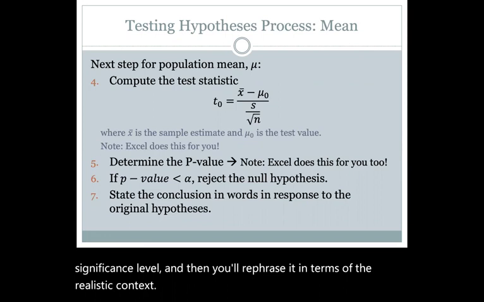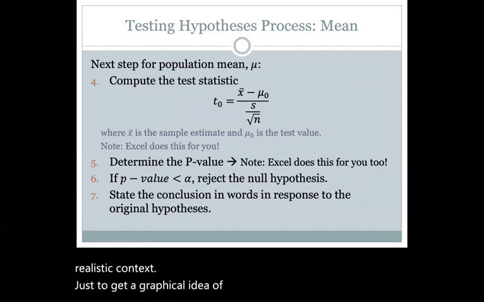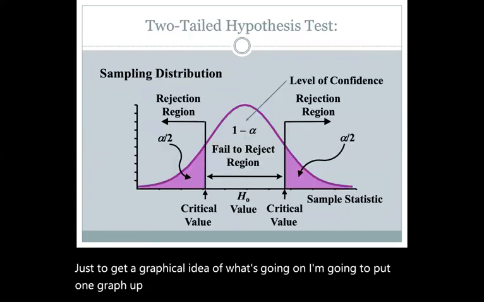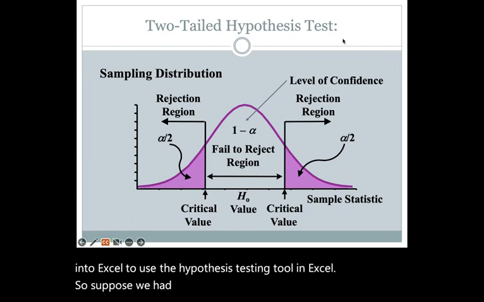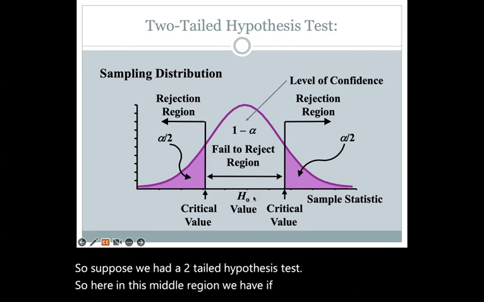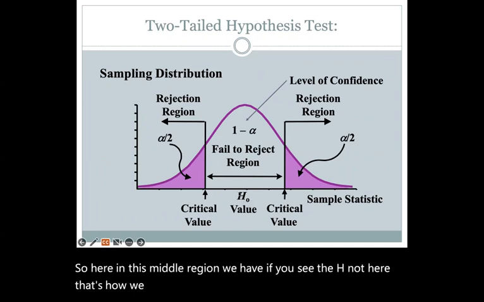Now, just to get a graphical idea of what's going on, I'm going to put one graph up here just to talk about briefly, and then we'll move into Excel to use the hypothesis testing tool in Excel. So suppose we had a two-tailed hypothesis test. Here in this middle region, if you see the H naught here, this is the null hypothesis.